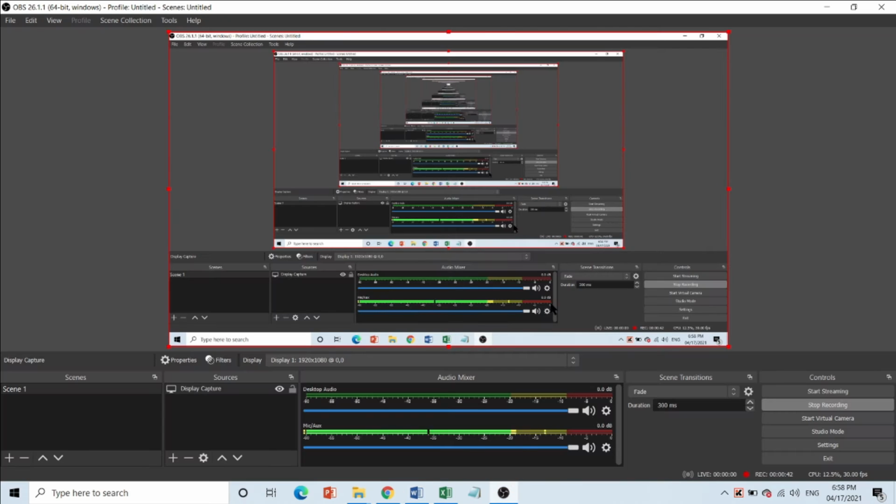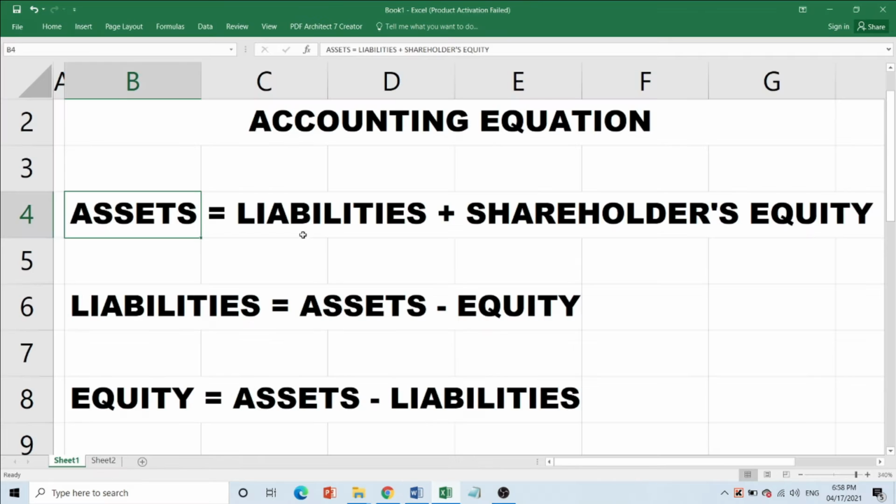So, how are we going to interpret this accounting equation based on what we understand about the assets, liabilities, and equity? We must always consider the effect on the assets, liabilities, and shareholders' equity in every transaction na ating nakaka-encounter. The assets must always equal the liabilities and the equity so that the accounting equation will still be equal.